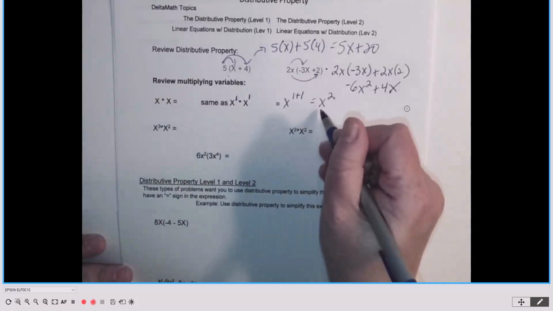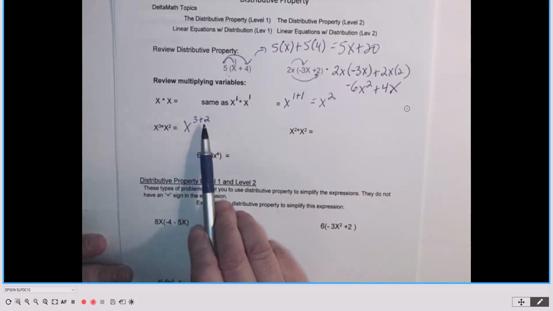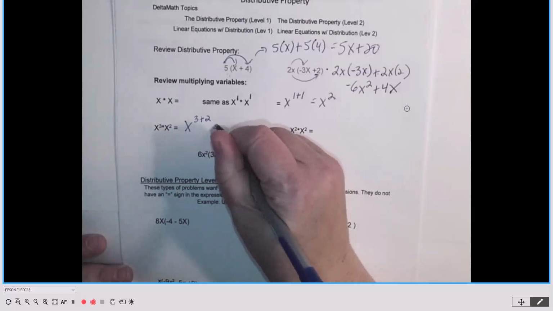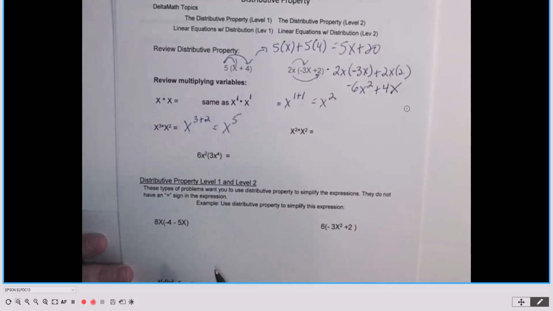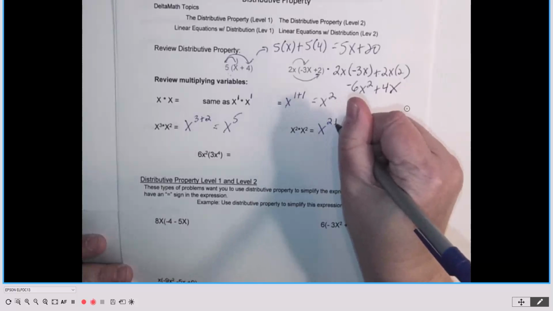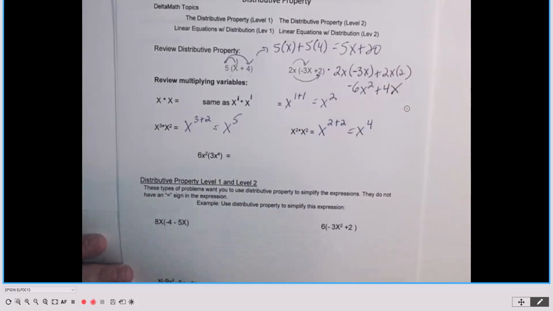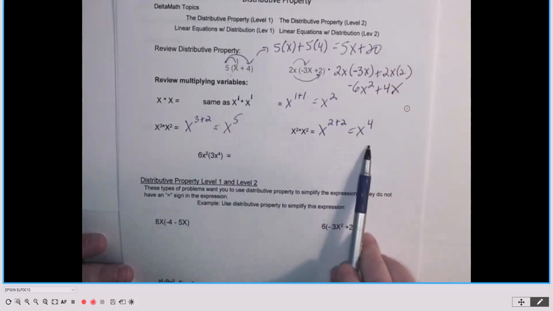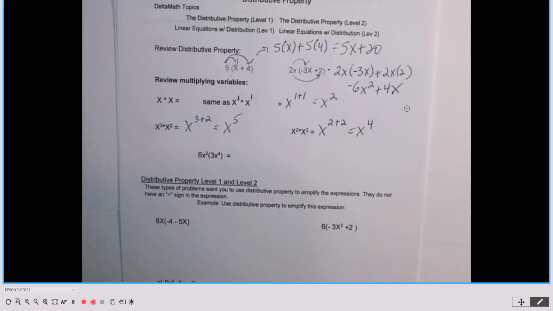Remember, it's an additive process: 3 plus 2, so I'm adding those exponents up to get x to the 5th power. When you multiply x cubed by x squared, the answer is x to the 5th. X squared times x squared, you can see we're getting used to adding those exponents together, and that answer is x to the 4th. So that's a review of how to multiply x's with each other, or you could even substitute a b or a d in those. It doesn't always have to be an x.